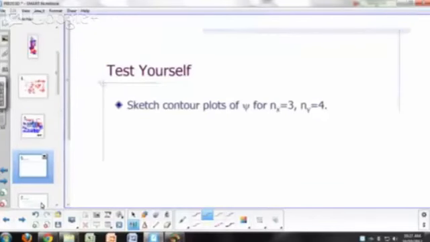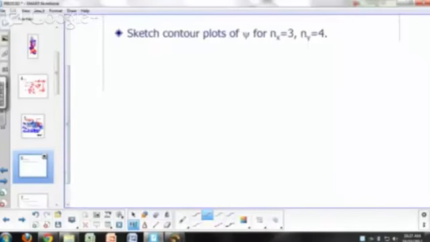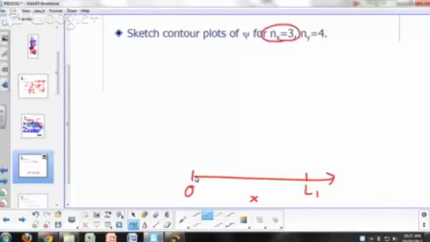Okay, so let's do contour plots for n sub x equals 3 and n sub y equals 4. You're going to go from 0 to L1 along the x-axis. How many nodes do we have here for n sub x equals 3? 2 nodes, right? So we're going to divide this into 3 segments. Here's a node, and here's another node, and then we're going to go from 0 to L2.